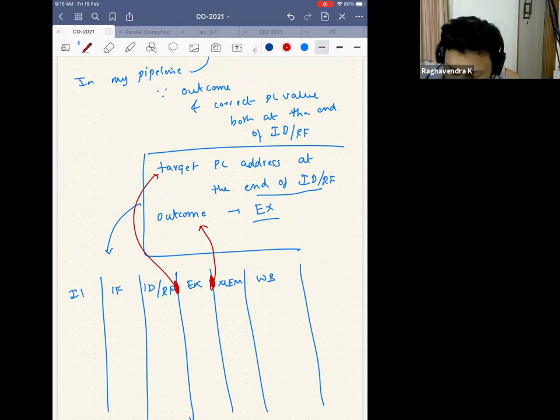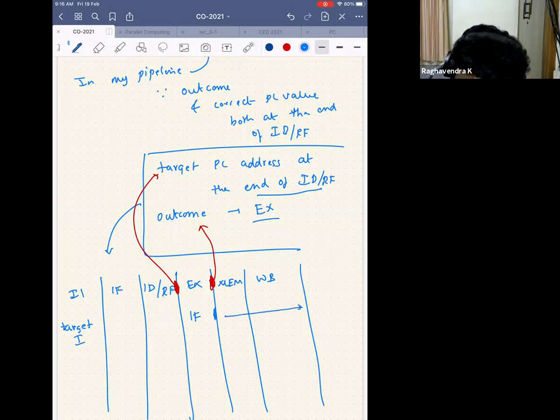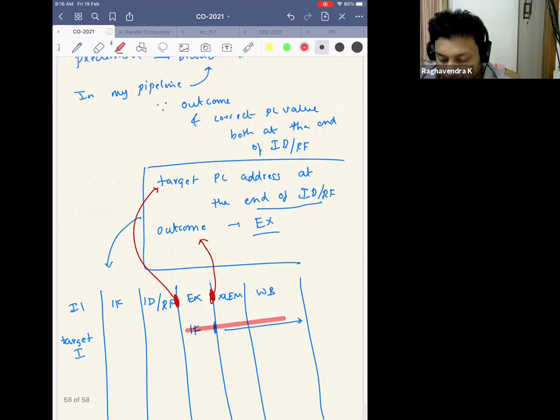So let's say I say branch is taken. So I can go ahead and fetch the target instruction here. And here, at this moment, when I know the outcome of the branch, I either continue the pipeline or squash the pipeline, depending on whether my outcome is right or wrong.